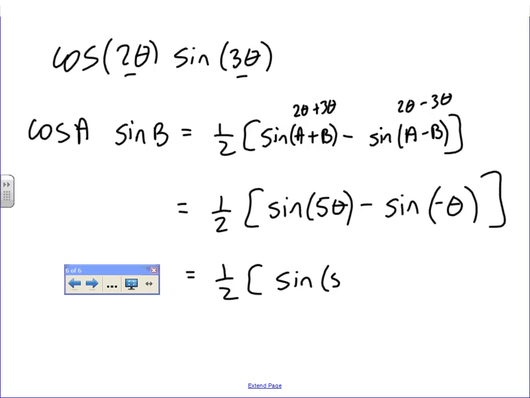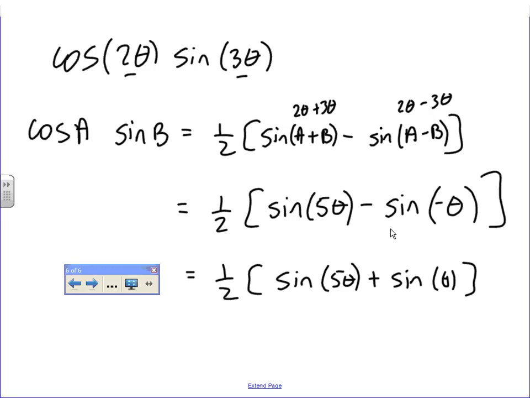So it'd be sine of 5 theta. And if we remember that sine of negative theta is equal to negative sine theta, if we apply that odd property, then this would actually give me plus sine of theta.